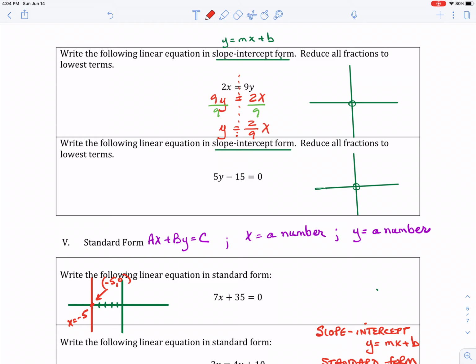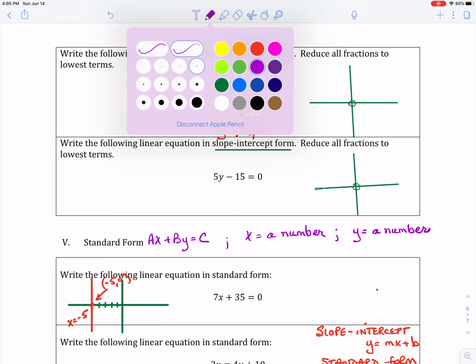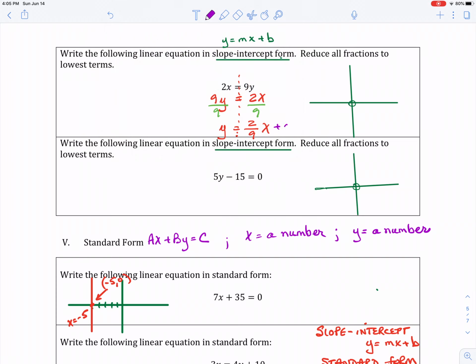The funny thing I wanted to show you about this one is that this has the variable y, it has the variable x as an x term, 2/9 x. Does not have a constant. So when that happens, you would assume that this constant is a 0, and you would assume that the y-intercept is at 0. So this one's going to pass through the origin.